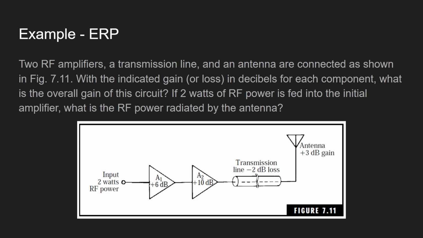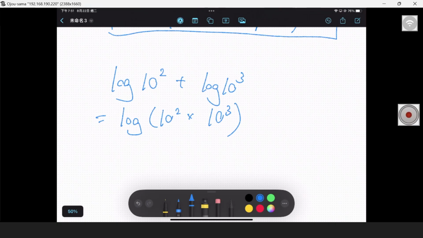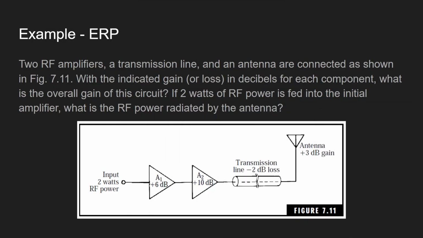No, you don't have to do this. If they already tell you it is plus 6 dB, plus 10 dB, minus 2 dB, plus 3 dB, you can just go to it directly. Let me do the math. It is 6 dB, 10 dB, minus 2 dB, and plus 3 dB.